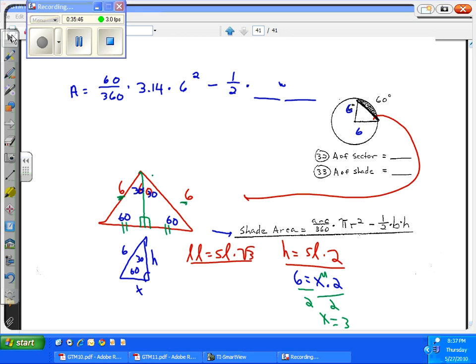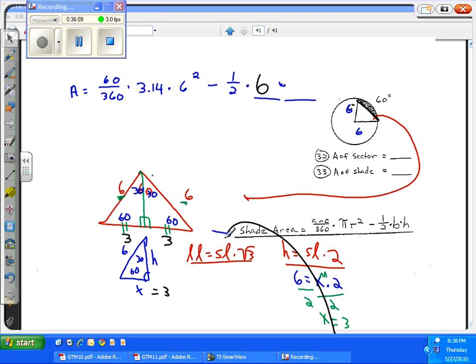Now, that 3 we got for x is half of a side, so the whole side is 6. So the base of our triangle is 6. The height is the long leg.